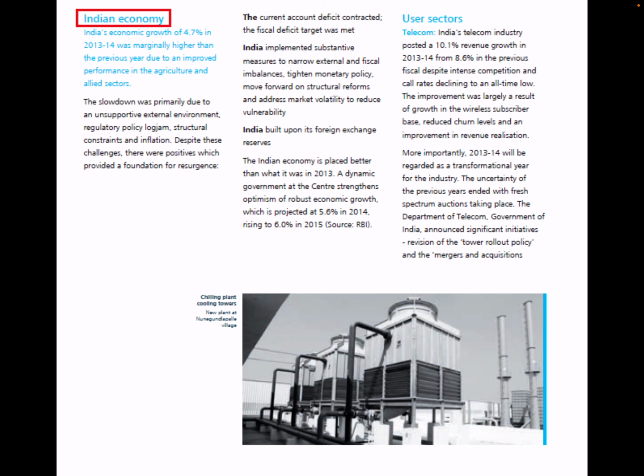Remember, until this point, the discussion in the management discussion and analysis is broad based and generic: global economy, domestic economy, and industry trend. However, further on, the company would discuss various aspects related to its business.